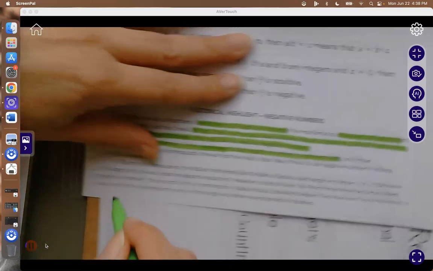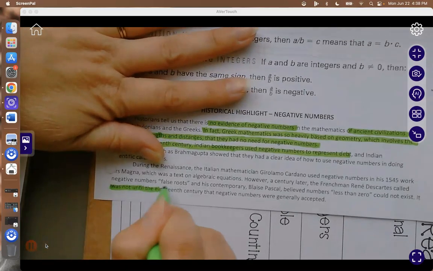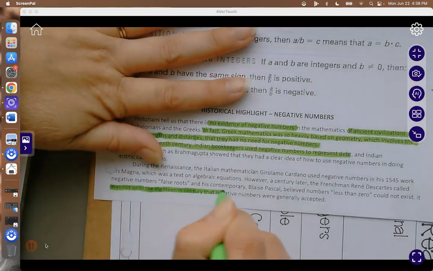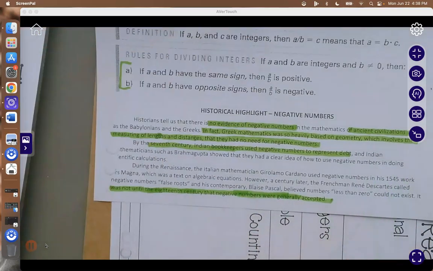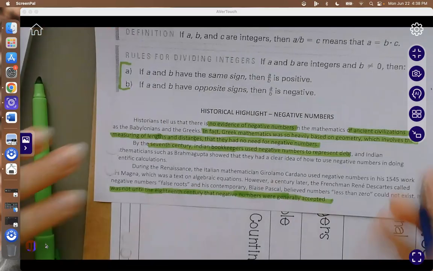It was not until the 18th century, this is crazy, not until the 18th century that negative numbers were generally accepted. So the 1700s. So in the scheme of time, negative numbers are kind of new. And to me, that's kind of crazy.